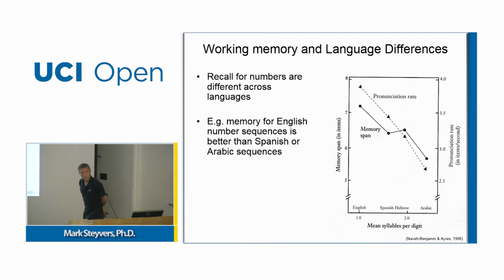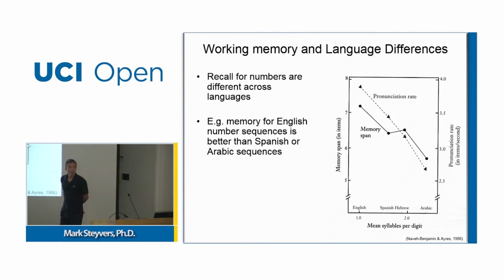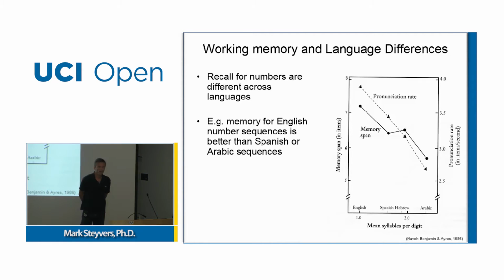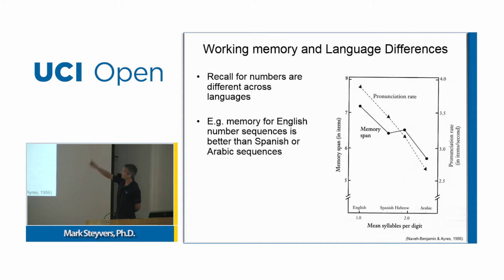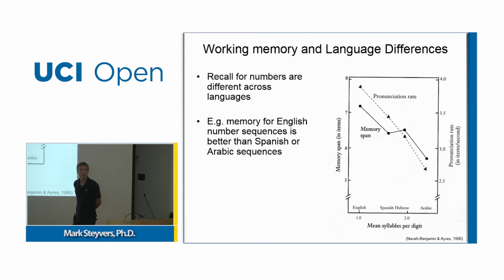But what's interesting, your memory span for English digits, for native English speakers, is better than the digit span for Arabic or Spanish or Hebrew native speakers. So that's the solid line going down. So clearly there's a relationship between pronunciation rate and memory span.